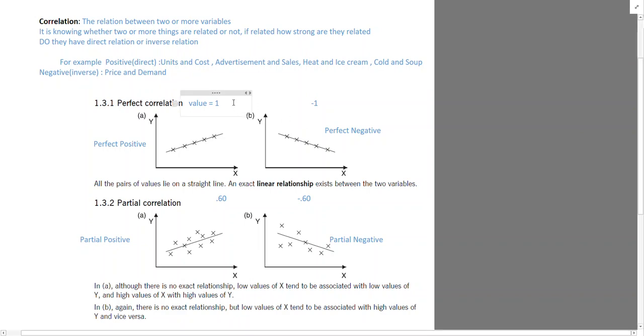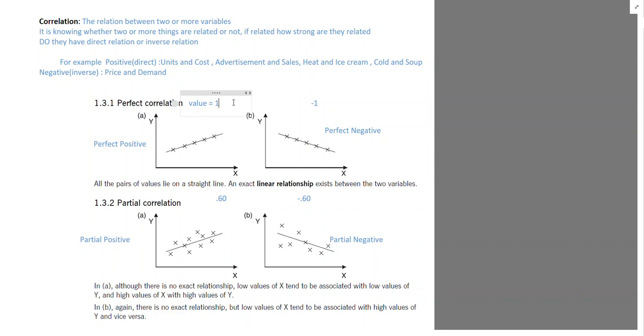And correlation, we will see when we look at the formula, will have a value from positive 1 to negative 1. If it is exactly positive 1, it means it has a perfect positive correlation. If it is exactly negative 1, it means it has a perfect negative correlation.